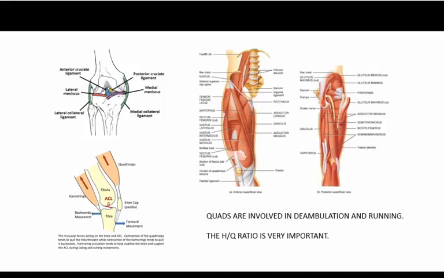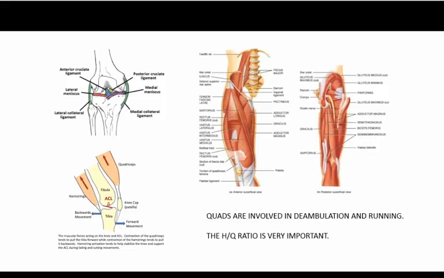Why? Because the hamstring basically pulls the tibia backwards, so it helps the ACL. In any movement, it doesn't bring the ACL to rupture because it doesn't bring it under tension.